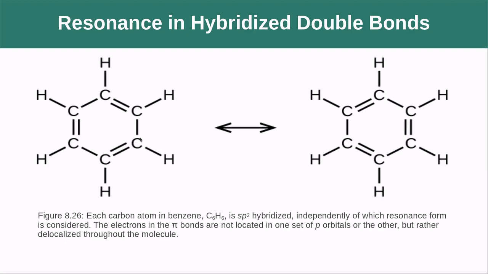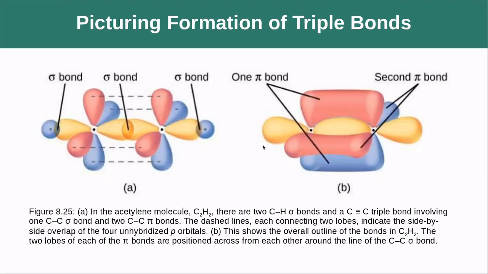It would just as much prefer to be here as it would prefer to be here, and in fact, it's going to go back and forth, forming those side-to-side interactions with its neighbor really fast, back and forth, to make a resonance hybrid. Triple bonds can be formed when there are 2 unhybridized orbitals, each with an electron in it. In this case, we're forming acetylene through 2 side-to-side interactions with those p orbitals.